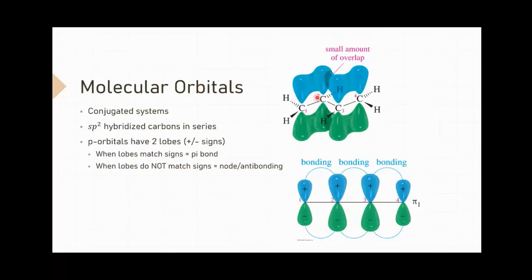When they match, you can create a pi bond. When they don't match, that's what we call a node or anti-bonding. So there's not going to be a bond if it's opposite orientation.